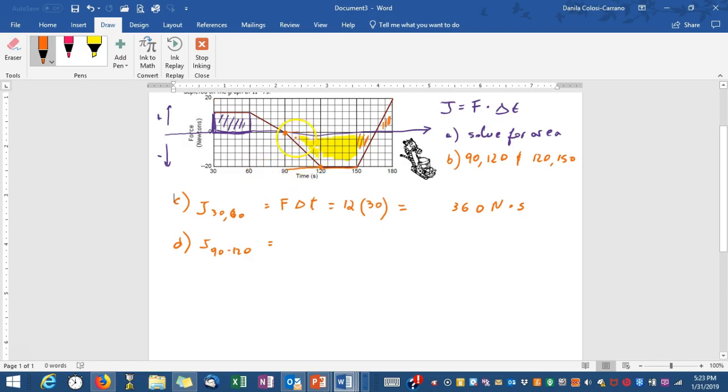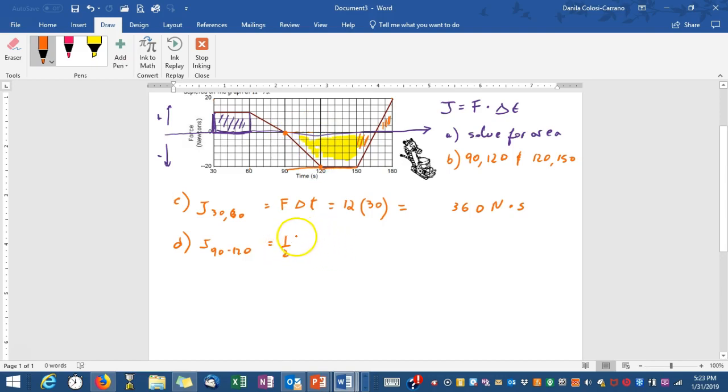But remember, this is not a constant value of your force. The acceleration is going from 0 to a negative value, right? Therefore, you cannot just say that this is force times time. You understand this is an area that we need according to the definition that we have given, but the area for this particular triangle here has to be the area of the triangle.